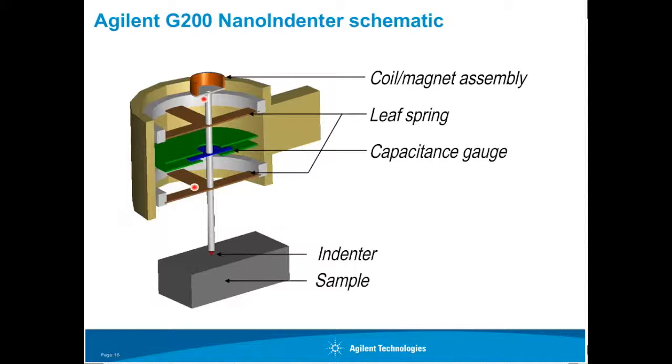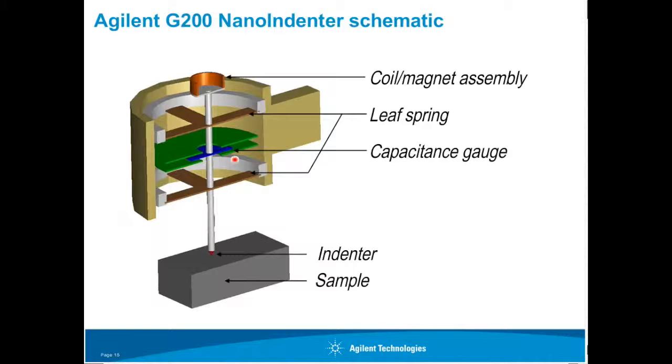We simultaneously measure displacement, and we do that with this three-plate capacitive gauge. The two green plates here are fixed to the outside world through the housing, and the blue plate here is fixed to the indenter shaft and moves up and down.